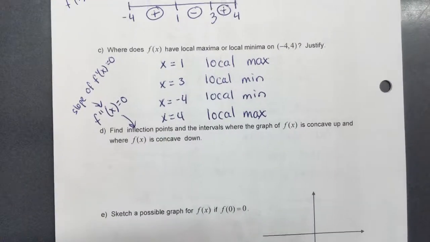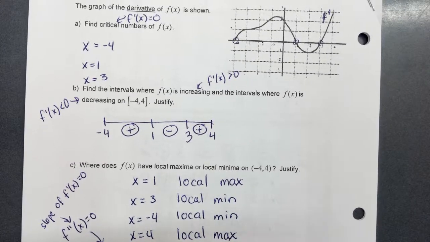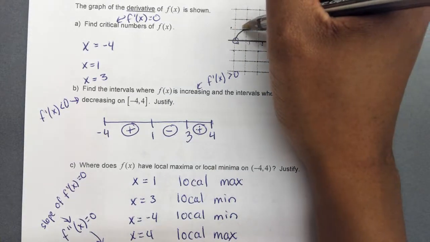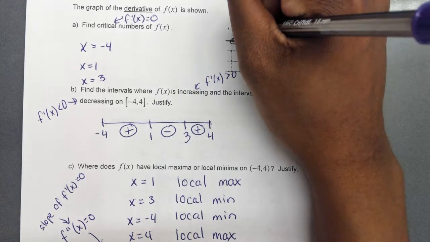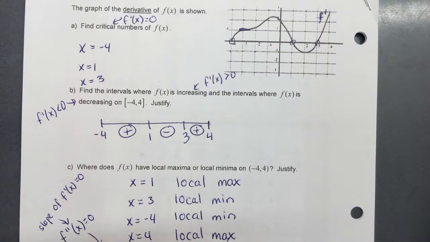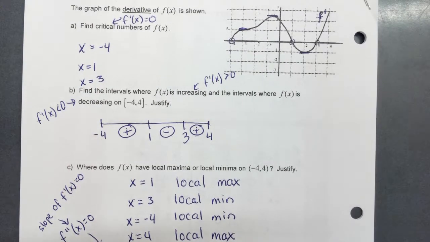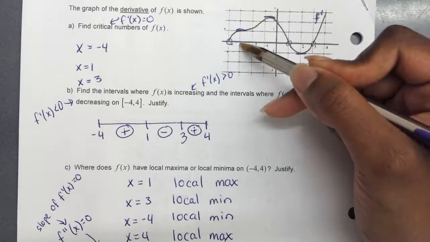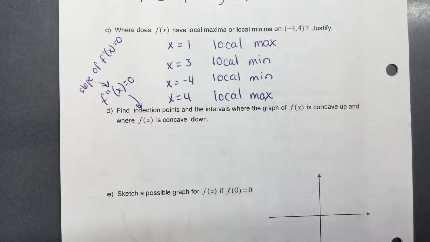So we want to know when the slope of f prime of x is equal to 0. So if we go back to our graph, we're looking for when we have a horizontal line for a slope. That happens here, here, and here. So that's x equals -3, x equals -1.5, and x equals 2.